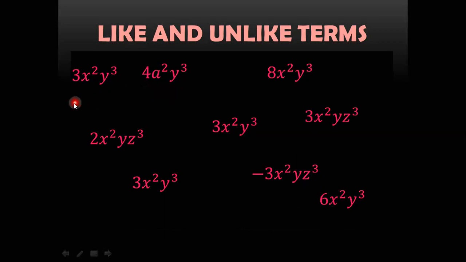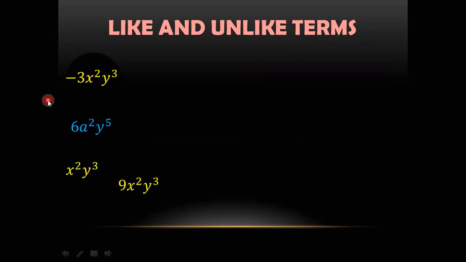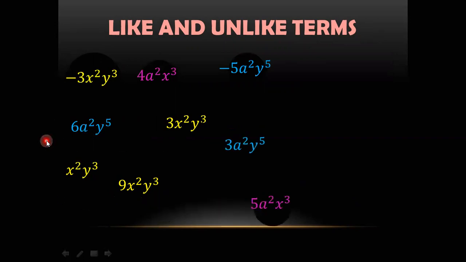Think about it, and let's look at them from another point of view. Minus 3x square y cube, 6a square y5, x square y cube, 9x square y cube, 3x square y cube, 4a square x cube, minus 5a square y5, 3a square y5, 5a square x cube, 7x square y cube, 7a square x cube, and 2a square y5.